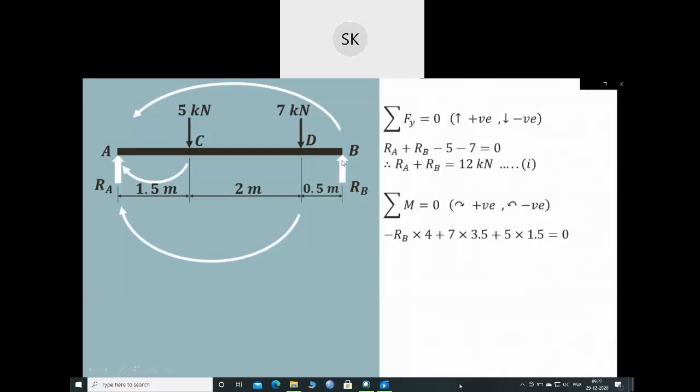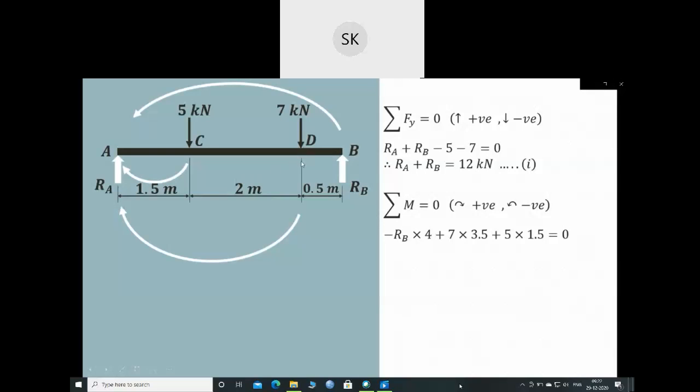The arrow of this particular RB will go in the anti-clockwise direction towards A. So it is negative, and the perpendicular distance between B and A is 0.5 plus 2 plus 1.5. So the total span length is 4 meter. So it is minus RB into 4. We know that moment is defined as force multiplied by perpendicular distance. So it is minus sign because of the anti-clockwise moment, and force is reaction RB, and the perpendicular distance between B and A is 4 meter.